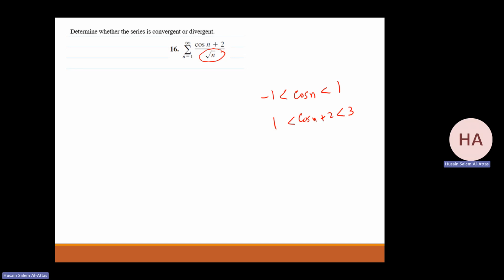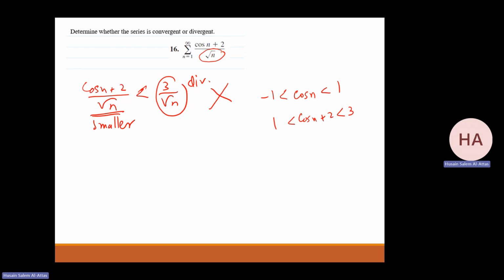Now if I have cosine n plus 2 over square root of n, I say it's less than 3 over square root of n. This is divergent. But this one is smaller now. I'm getting nothing. No conclusion. A divergent series greater than another series, nothing.